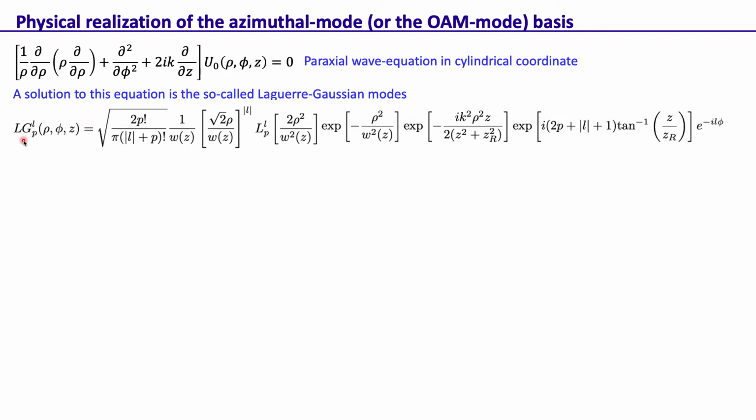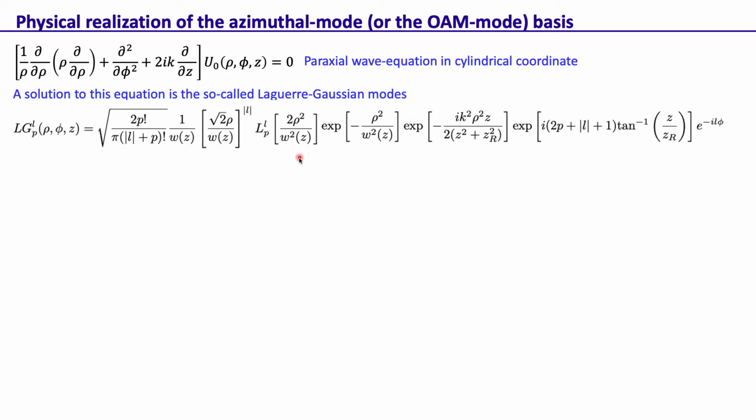Now we see that this Lg is characterized by these two indices L and P. So L goes from minus infinity to infinity, and P goes from 0 to infinity. So these are two-dimensional modes, and each of these modes satisfy this paraxial wave equation.